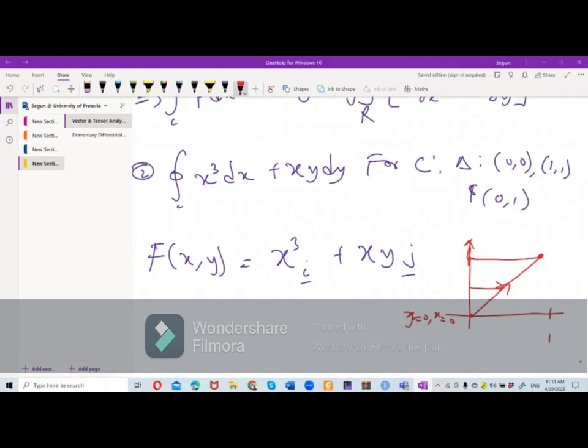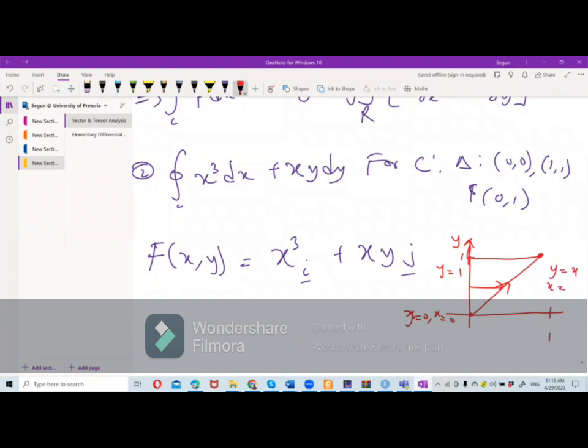So we have this one to be y equals 1, x equals 0. Then at this point, we know that this is y equals x, or x equals y.